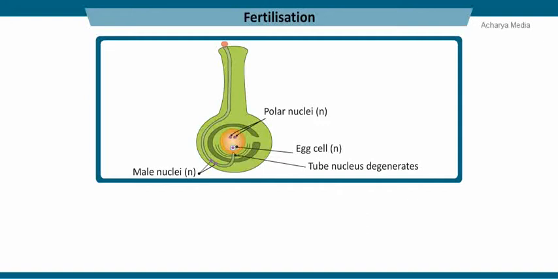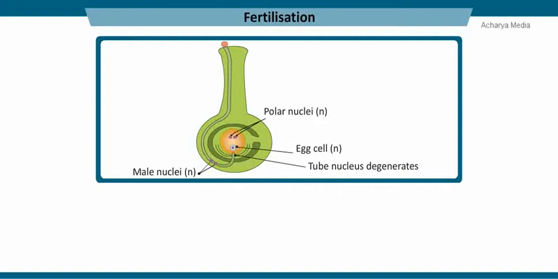Pollination is followed by the process called fertilization. It starts with the germination of pollen grains on the stigmatic surface of the flower. Pollen grains lodged on the stigma germinate by developing a pollen tube.